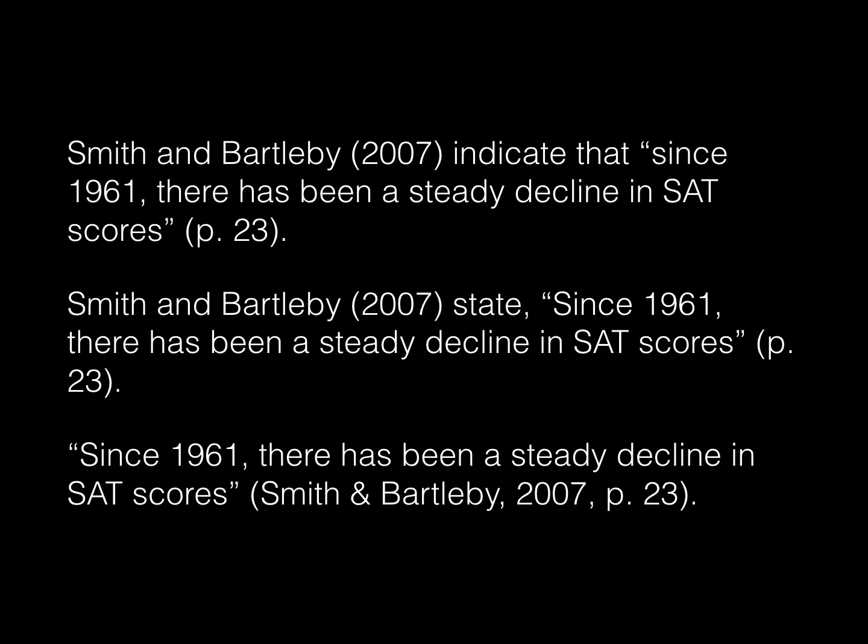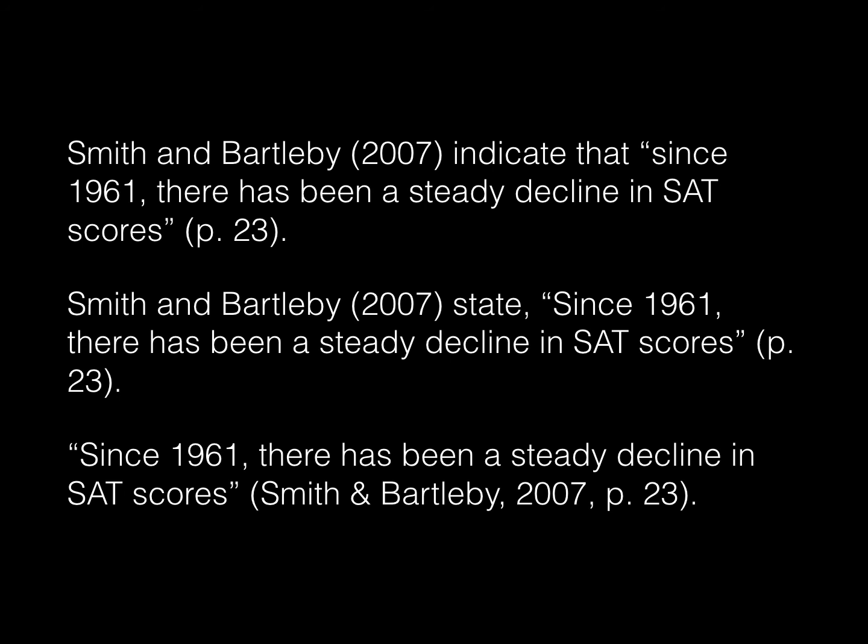Now the third way that you can do it is to include both the name of the author and the date and the page number in the citation at the end of the quote.